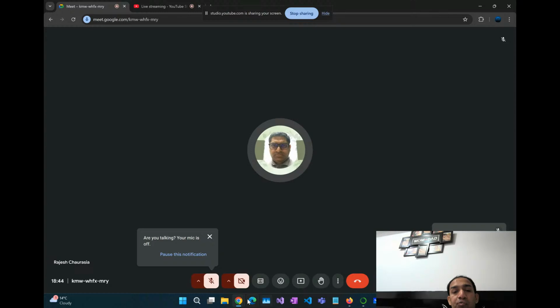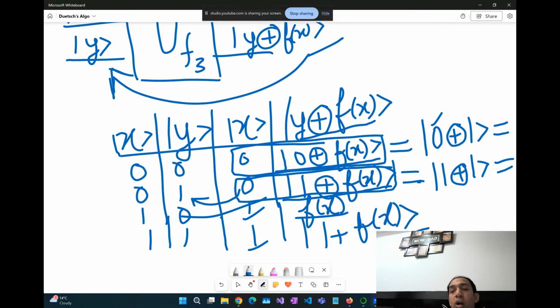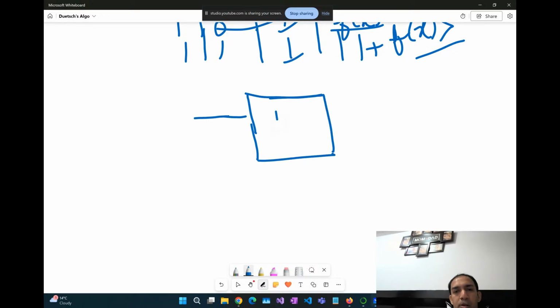Okay, now moving forward, I will talk about the reversibility of the circuit. How do we confirm that? If you draw the same circuit, the same oracle, and apply to the output, I think my pen is having some issue. Yeah.